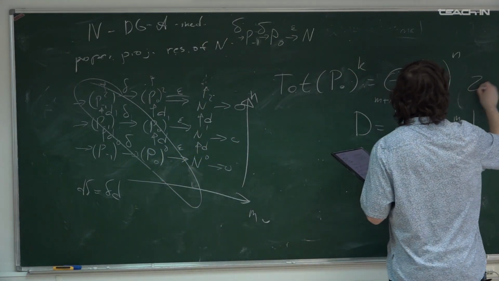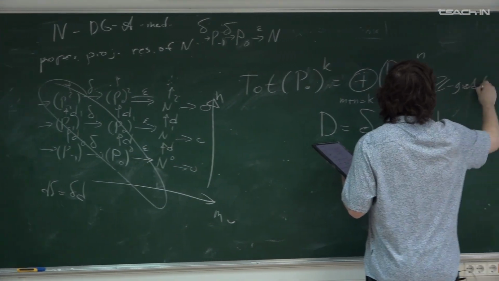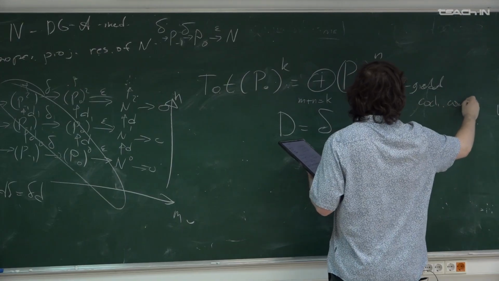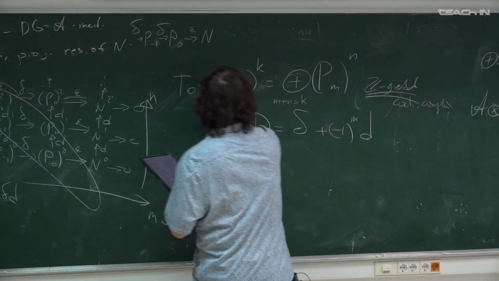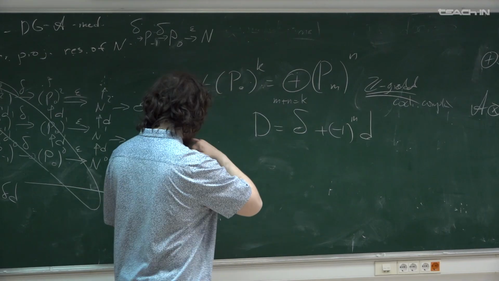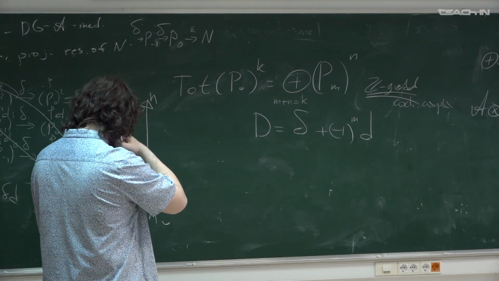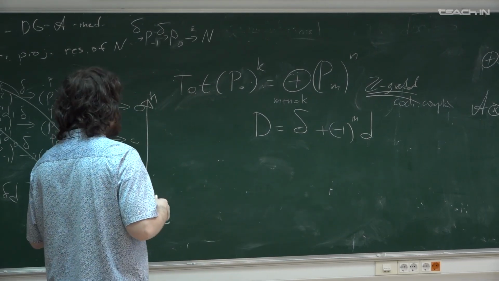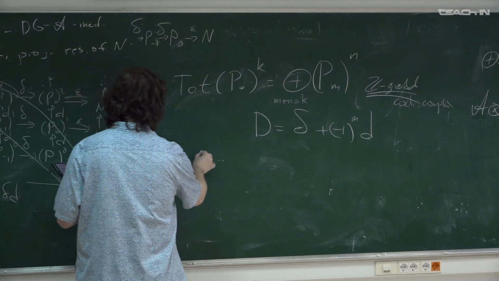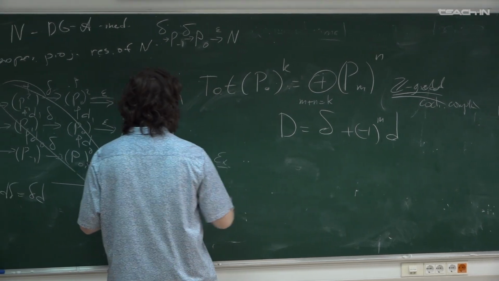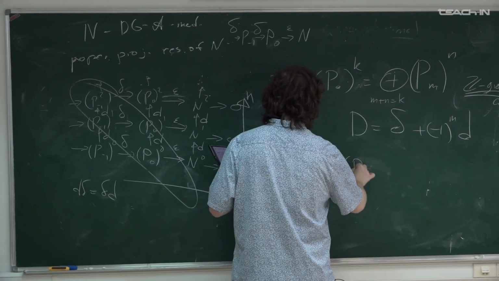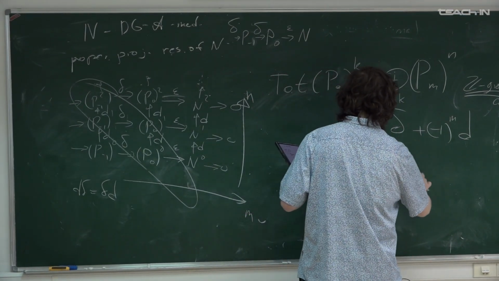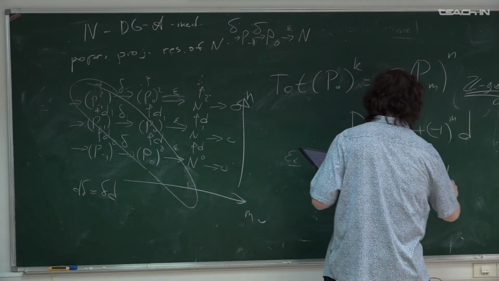It's a Z-graded cochain complex. The total complex is a Z-graded cochain complex. In fact, it's a more or less easy exercise that the total complex is differential graded, but it's a module.